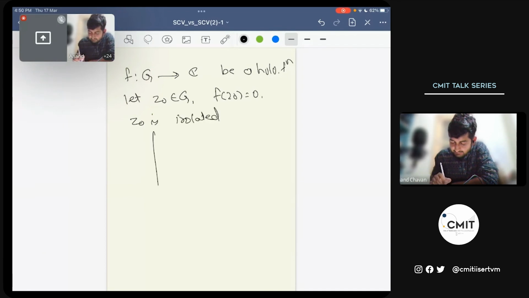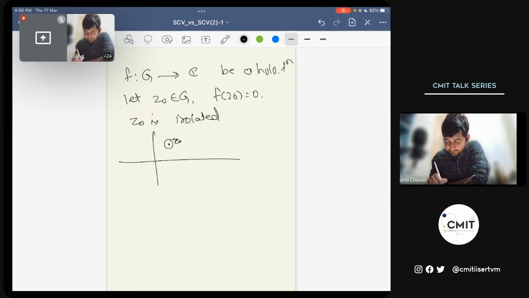which means that if I take a point z naught in this complex plane, then I can draw a neighborhood, a ball of sufficient radius, such that no other zero of the function f lies inside this set. So if I have z1 and z2, two zeros, then I can always separate those zeros.